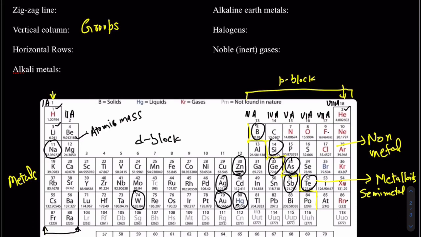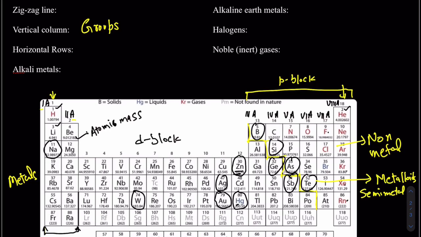You can number the groups from 1 to 18, or you can number using letters like 1A here, 2A here, and then we skip the D block, and then we have 3A, 4A, all the way to 8A. Numbering the groups this way is more beneficial than numbering them from 1 to 18. We'll talk about how they are more useful in a little bit.